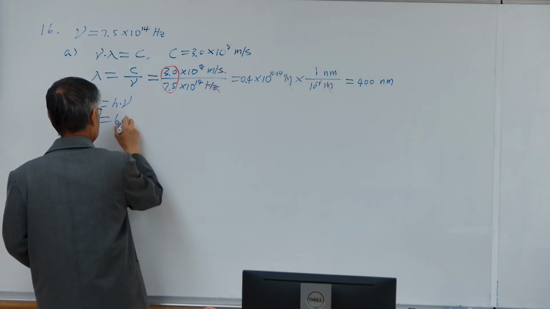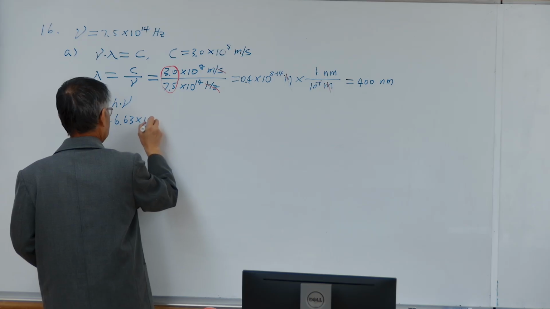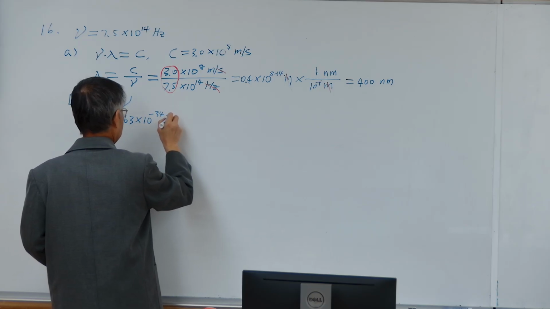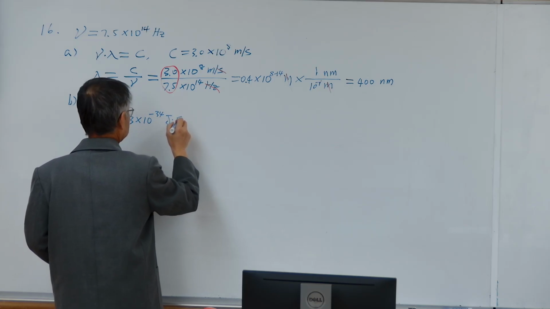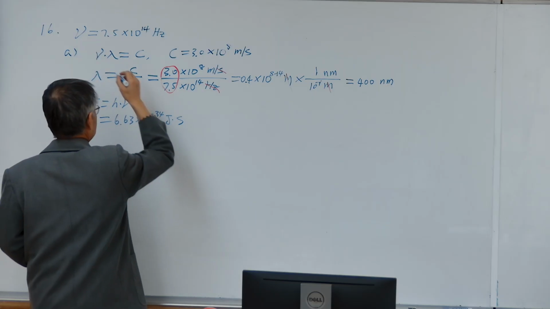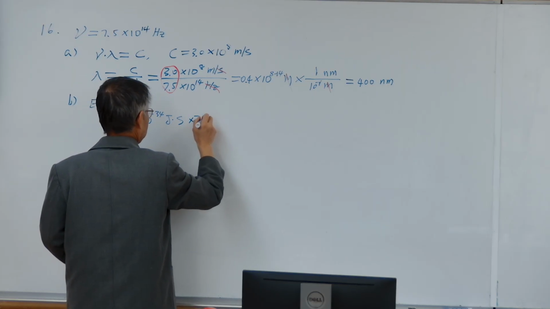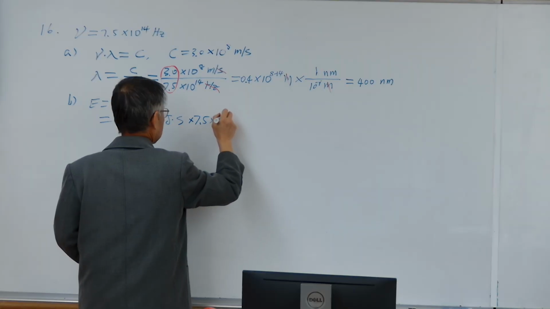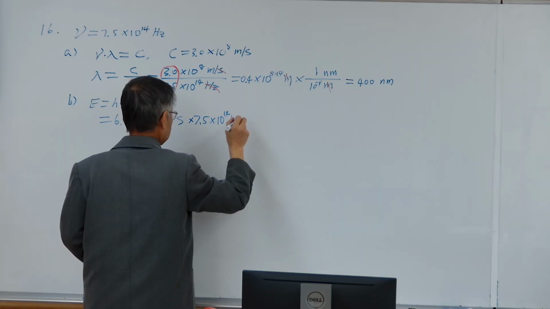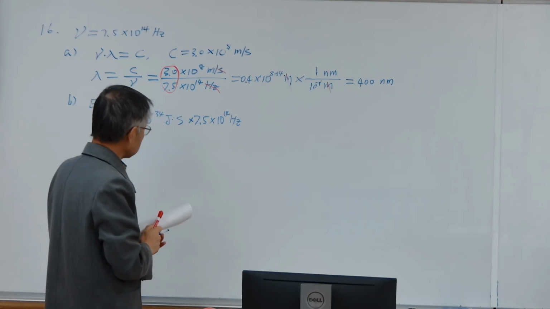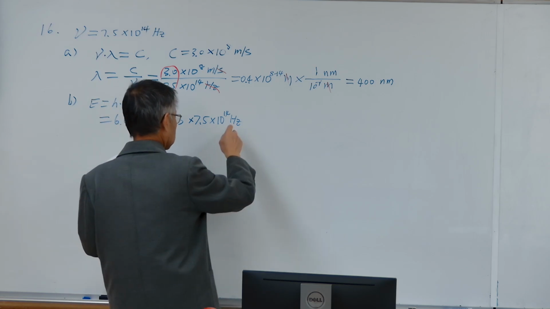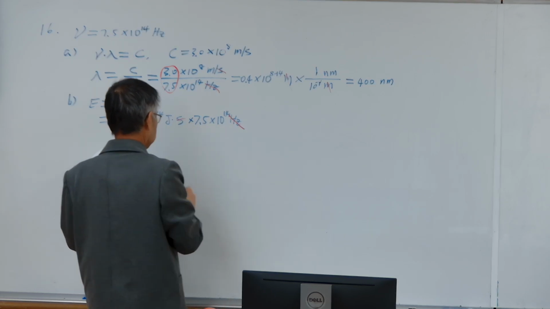Planck constant is 6.63 times 10 to the negative 34th power joule second. And nu is the frequency, 7.5 times 10 to the 14th power hertz. Hertz actually means per second, so per second cancels the second.